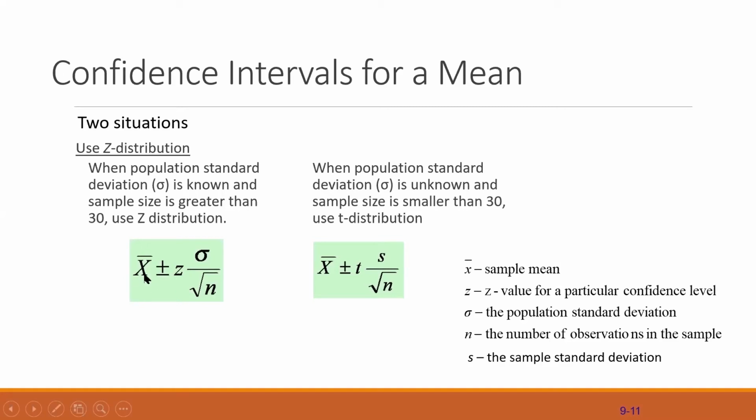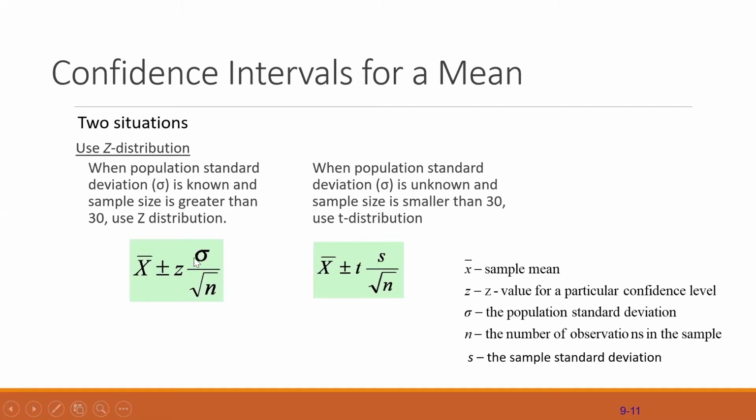Well, we start with the sample mean. We draw a sample, we get a sample mean. From the sample mean, we add and subtract a number, and that number is calculated by a z-value times the standard deviation divided by the square root of the sample size.